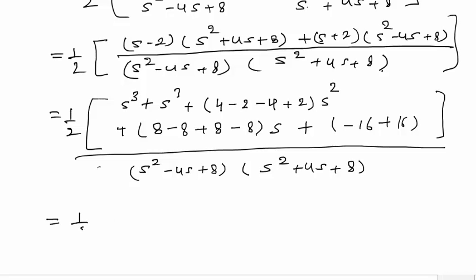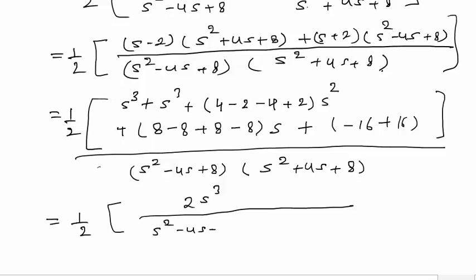So finally I will get 1 divided by 2. This s cube plus s cube, I have 2s cube, and the rest all terms will cancel: 4 minus 2 minus 4 plus 2 will become 0, 8 minus 8 plus 8 minus 8 will become 0, and minus 16 plus 16 will also become 0. In the denominator I have s square minus 4s plus 8 in one bracket, and s square plus 4s plus 8 in the next bracket.